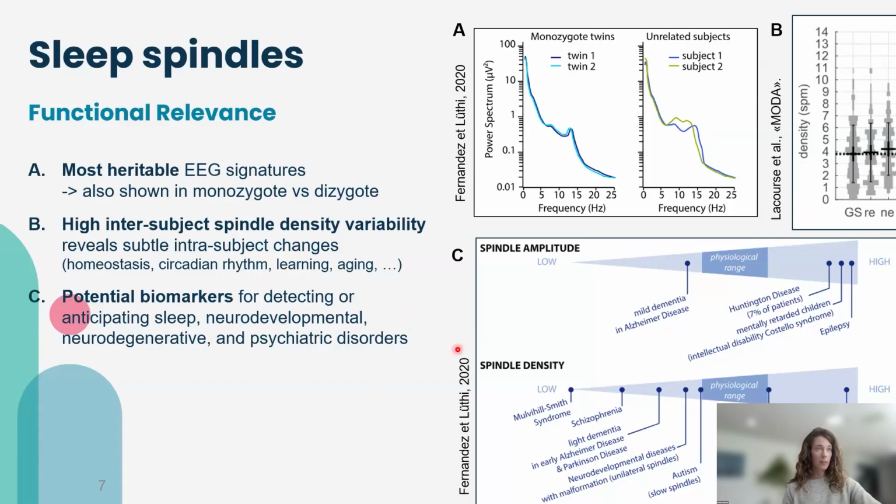As a result of all of this, sleep spindles are considered potential biomarkers for detecting or anticipating sleep, neurodevelopmental, neurodegenerative, and psychiatric disorders. Figure C here simply maps different disorders and conditions across the range of spindle amplitude and spindle density.